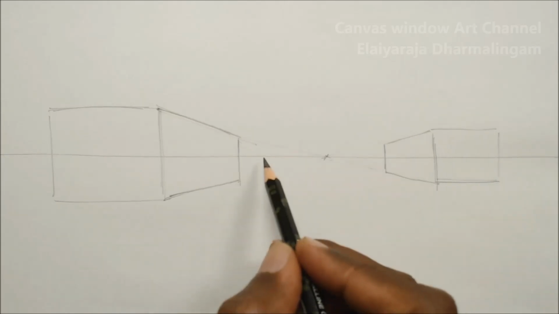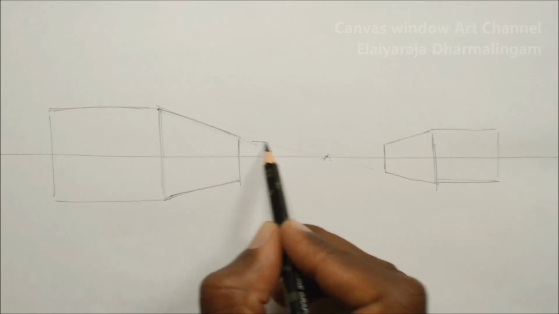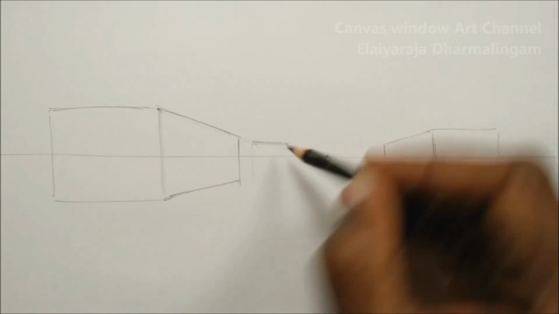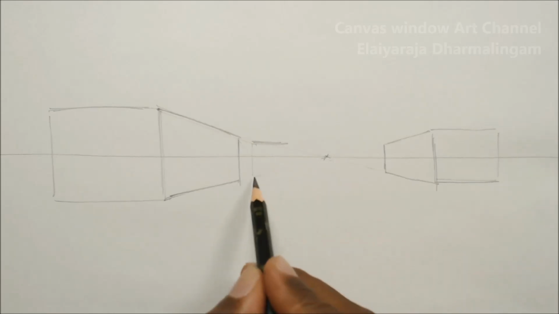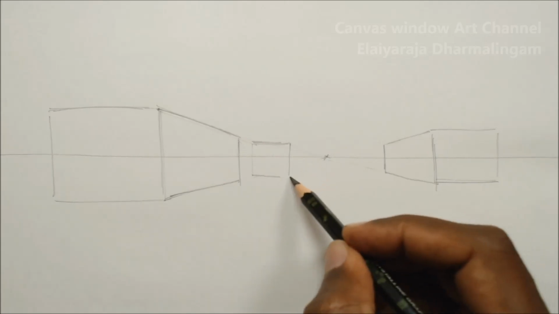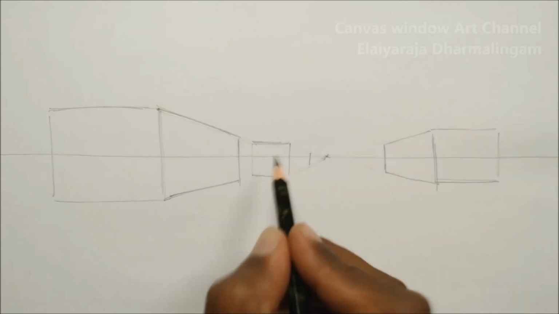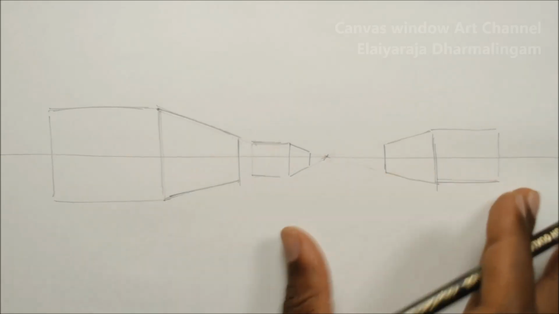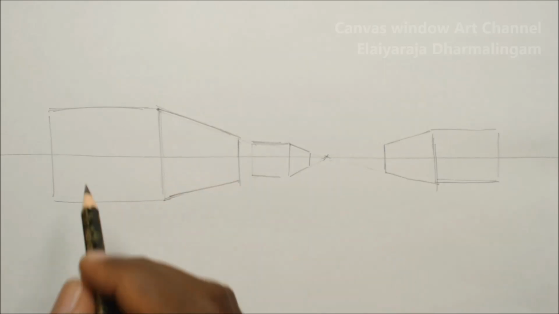If we want one more bus or vehicle behind, again using the same guideline, you can have another vehicle there. So we drew 3 cuboids to draw buses.